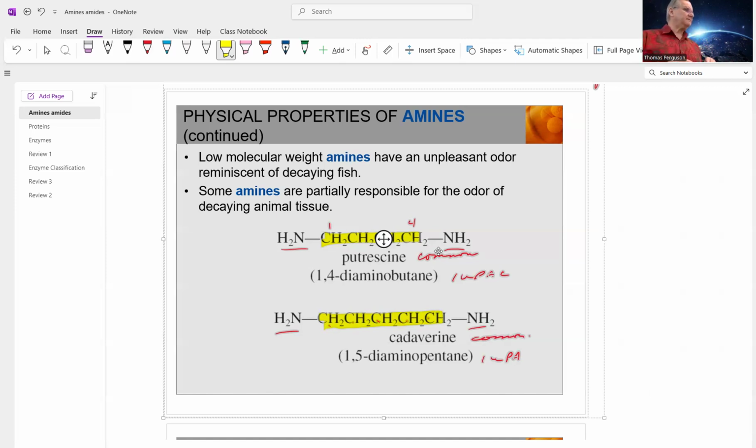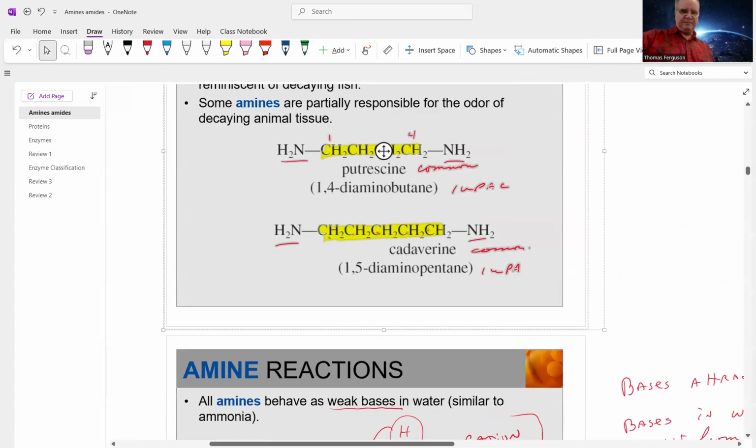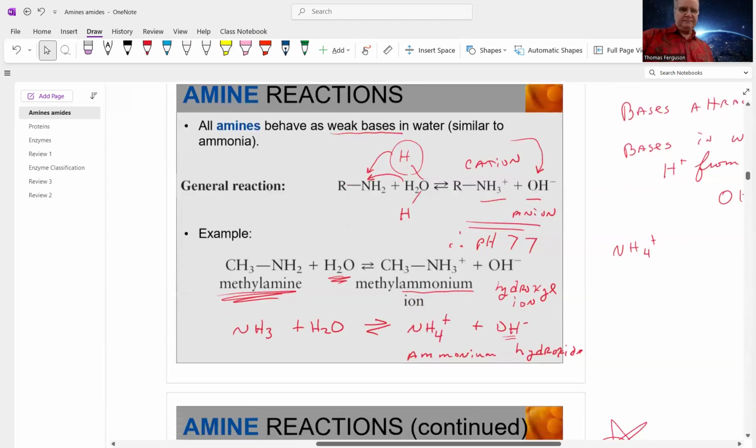Putrescine and cadaverine, and they're both nitrogen amino groups. And they're really stinky, hence the name. But the IUPAC name is very simple. Got a 4 or 5 carbon base, with a couple of amino groups. But boy, does it smell. Okay.